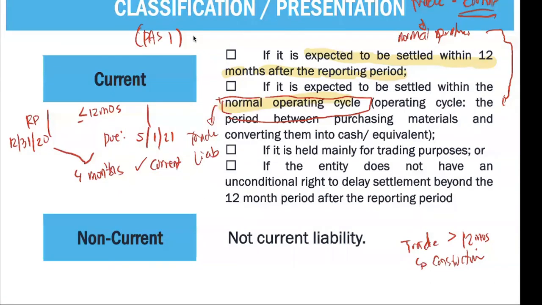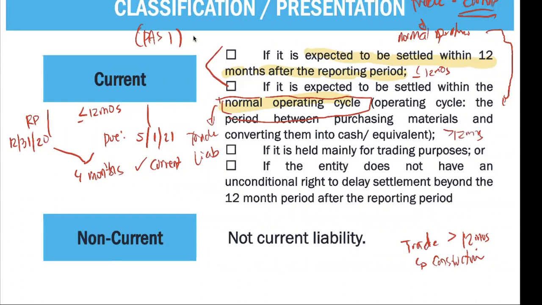Sir, how then can we mix these two items, the first bullet and the second bullet? On the first bullet, it must be less than or equal to 12 months. On the second bullet, it can be more than 12 months.